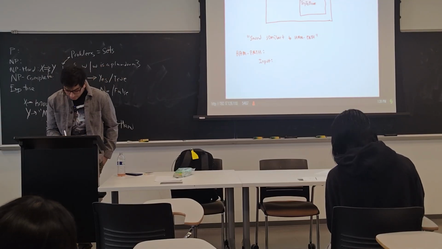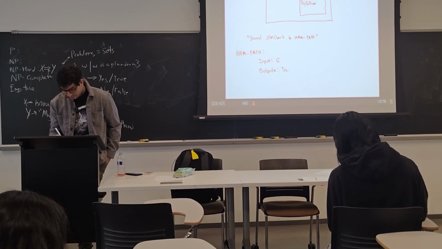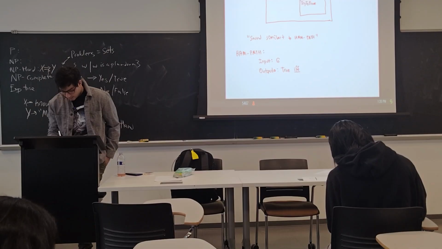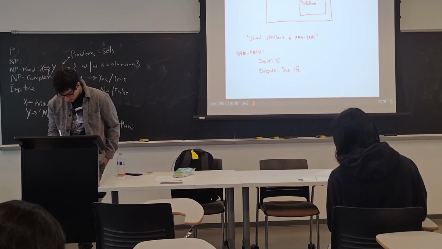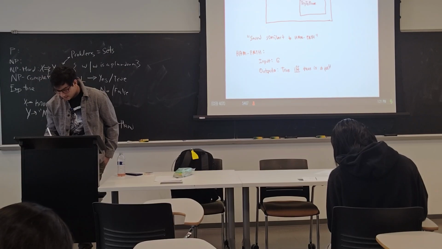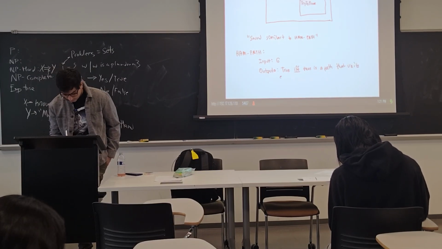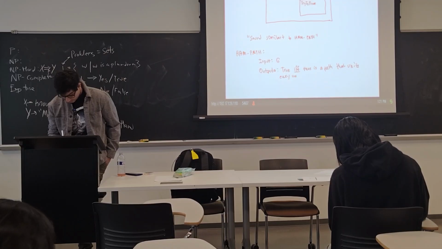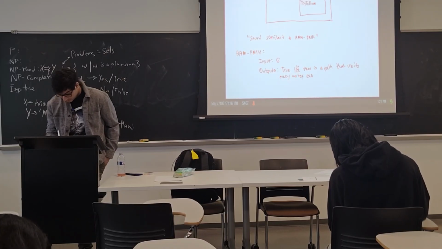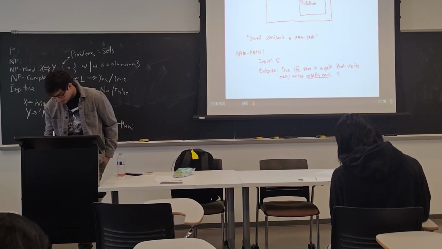You're taking as an input a graph G, and then you output true if there is a path that visits every vertex exactly once, false otherwise.